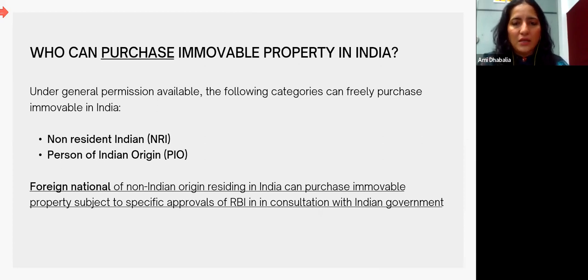Indian origin, again, means a person whose parents or grandparents were born in undivided India. Also, here the definitions of FEMA, not income tax, have to be considered. FEMA definitions are a little different, so please check the FEMA definitions.